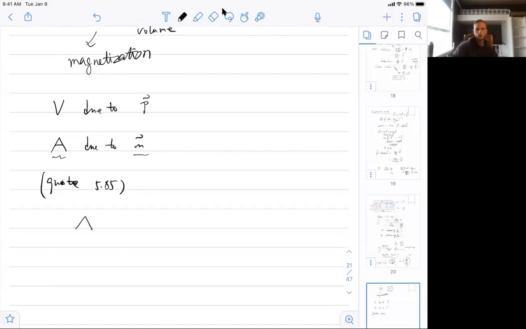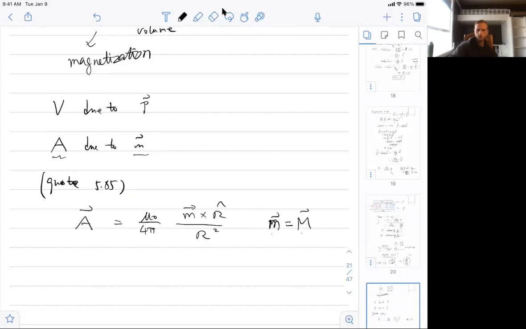So A due to a magnetic dipole is equal to mu naught over 4 pi, dipole moment m cross r hat over r squared.